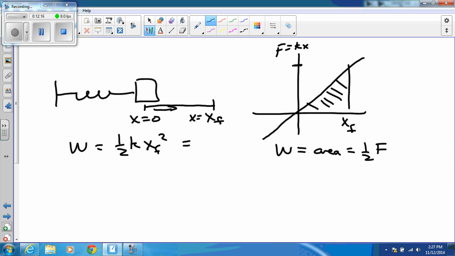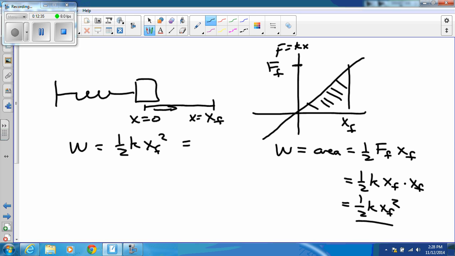So the work done is the area, which is equal to 1/2 times the force up here, the final force, times the distance that we push. But the final force is equal to kx. So that when the dust settles, you get this computation over here.